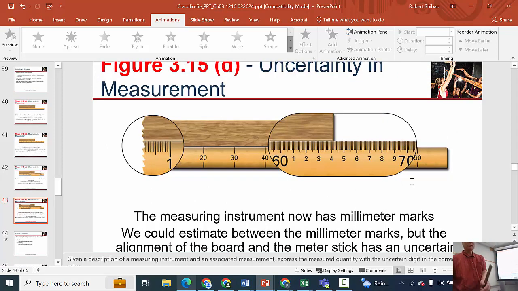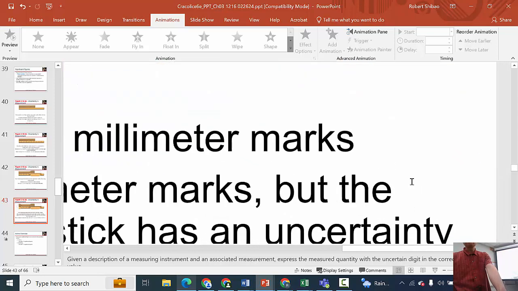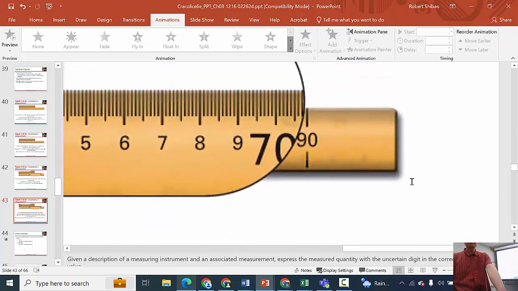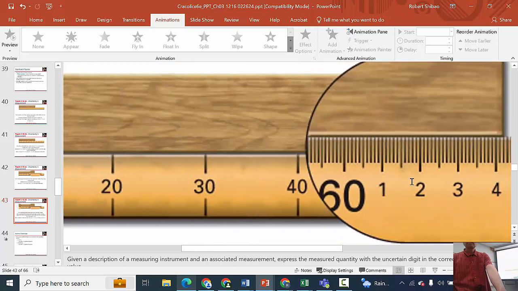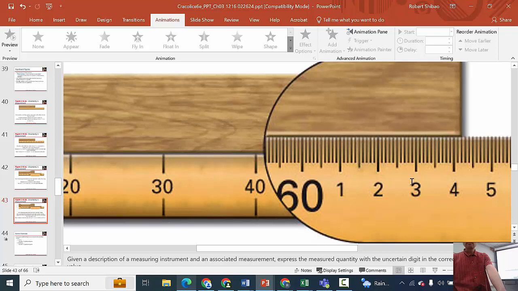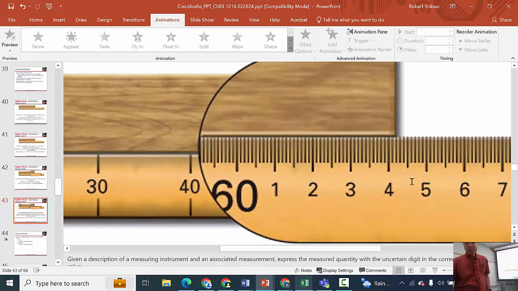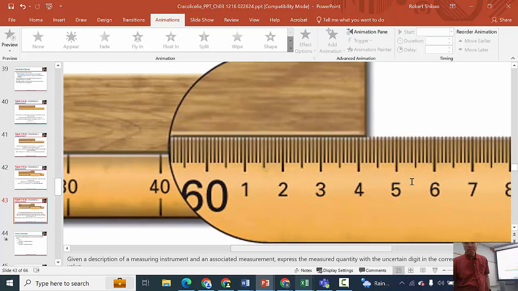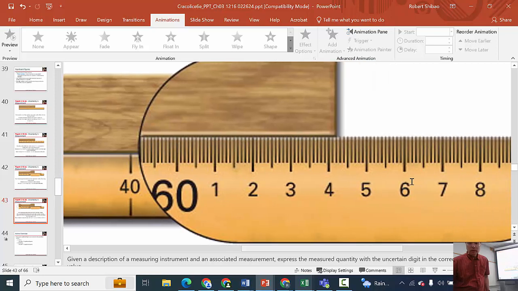Okay, now this is a higher precision. This is like my meter stick. My meter stick measures to the nearest millimeter. Okay, so when we take a look at this, we look at it.